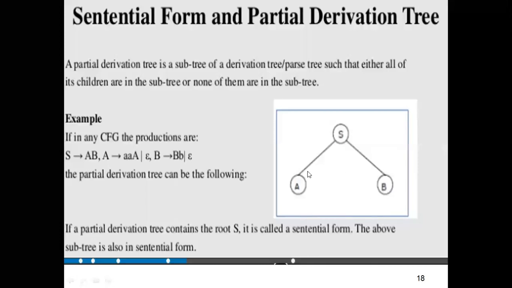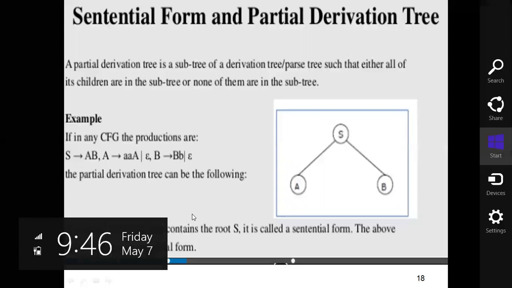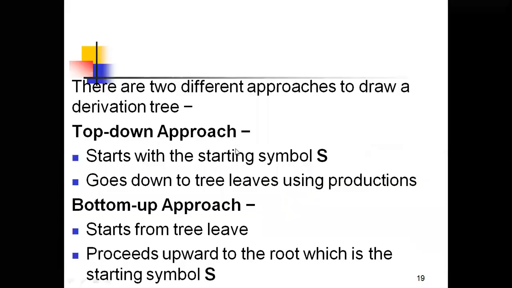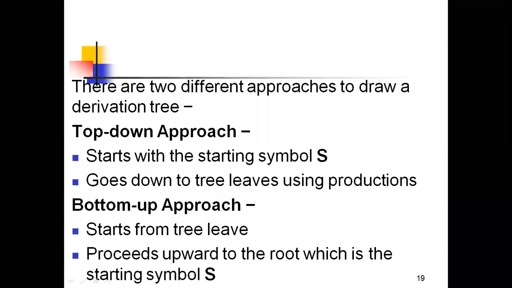Right? What it means is, if a partial derivation tree contains the root S, then it is called a sentential form, and the above subtree is also a sentential form. This we can call a partial derivation tree. And these are the basic definitions that I am explaining to you.